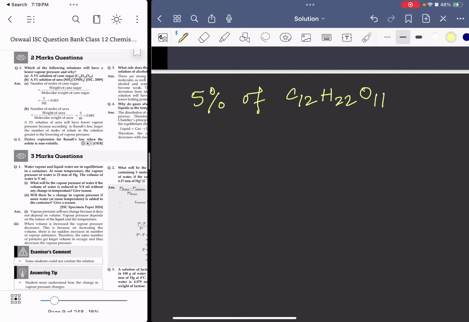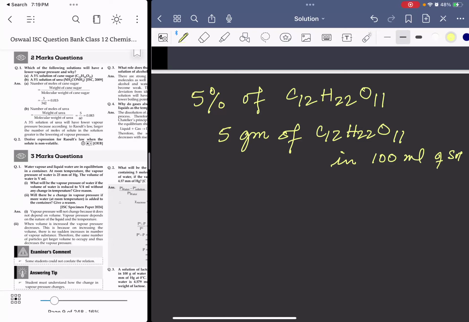What matters is how many moles are there. I think you understand the meaning of 5% solution. It means there are 5 grams of this compound C12H22O11 in 100 milliliter of solution.